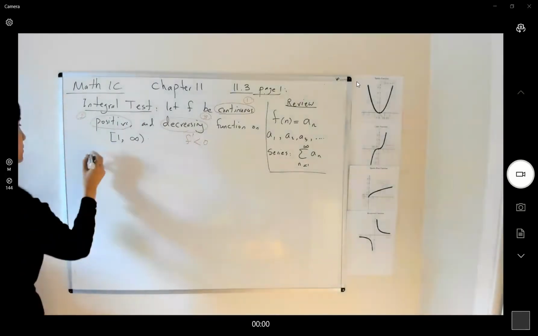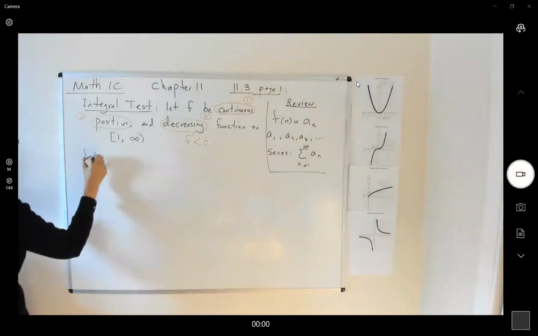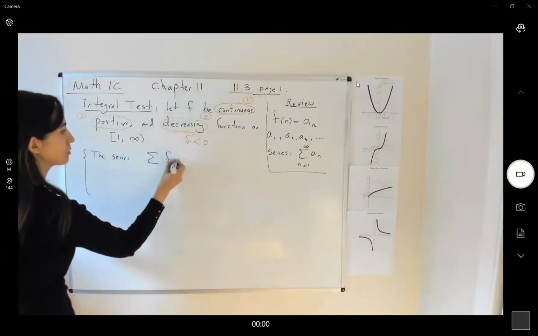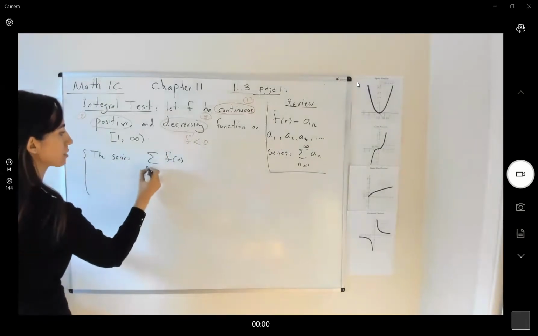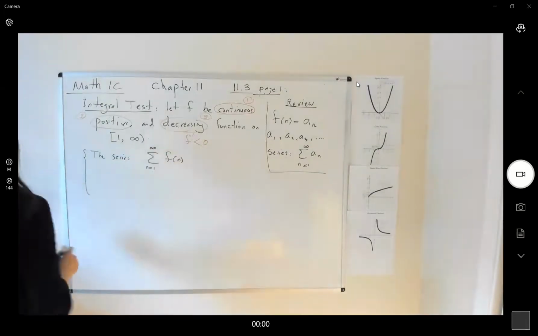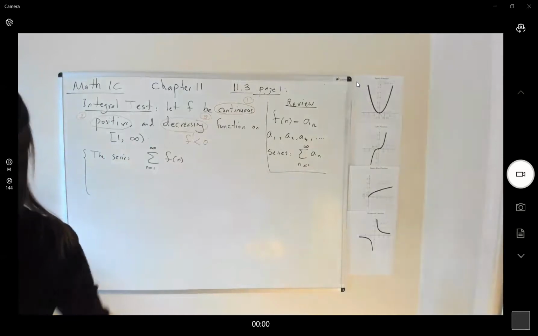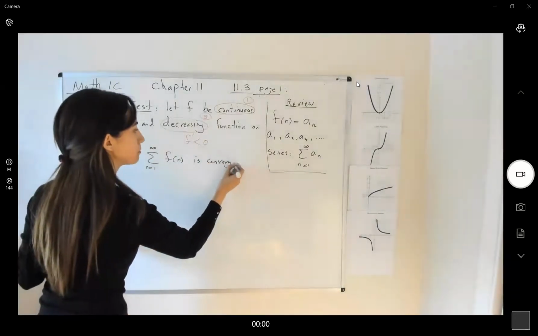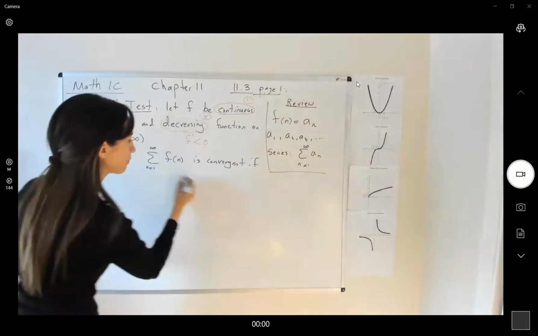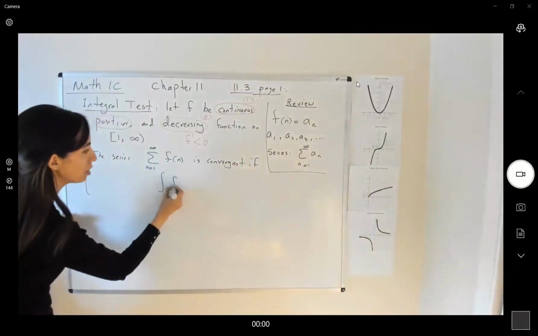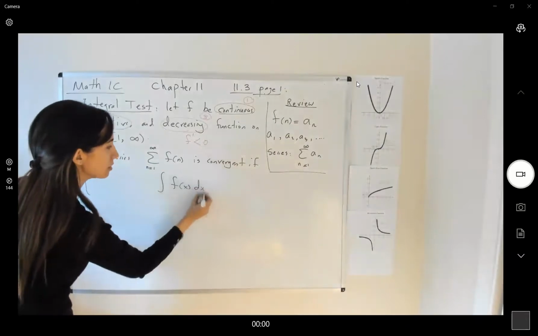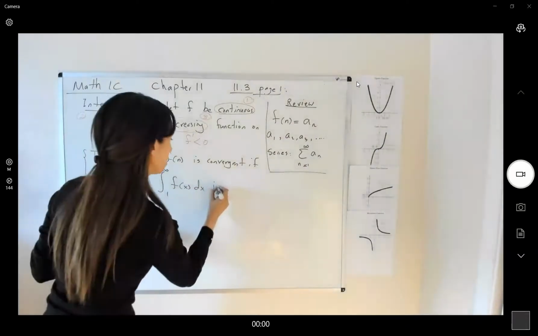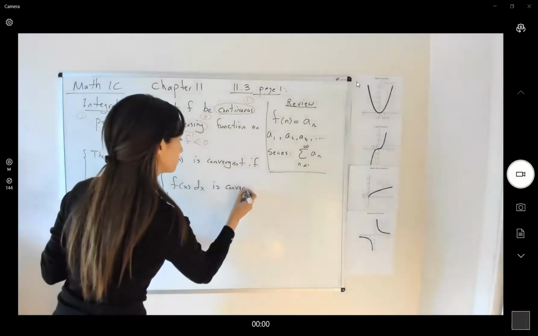the series sum f of n, n starts from 1 to infinity, is convergent if the integral of f of x dx, x ranges between 1 to infinity, is convergent.